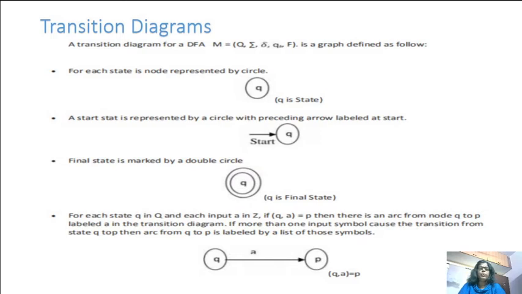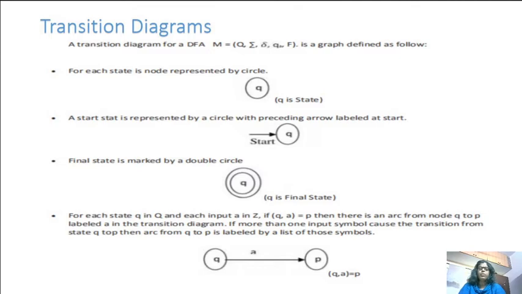From node Q to node P, the arc is labeled with the input symbol that causes the transition. If more than one input symbol causes the transition from state Q to P, then the arc is labeled by the list of those symbols.